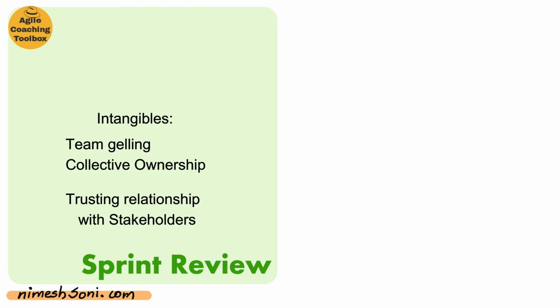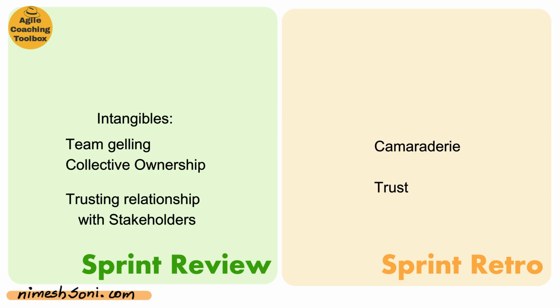In fact, over a period of time, sprint review can help us in building a trusting relationship with stakeholders. The sprint retrospective is the locker room meeting as we discussed earlier. So it helps in team gelling. You will start seeing camaraderie. There is a higher level of trust among team members.